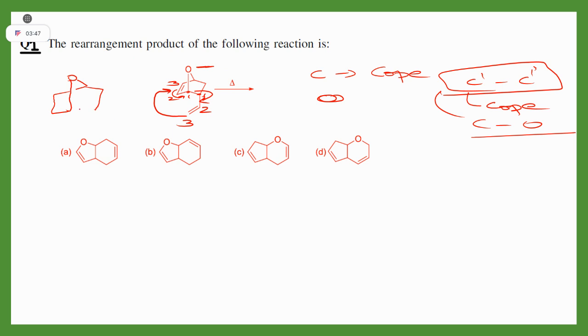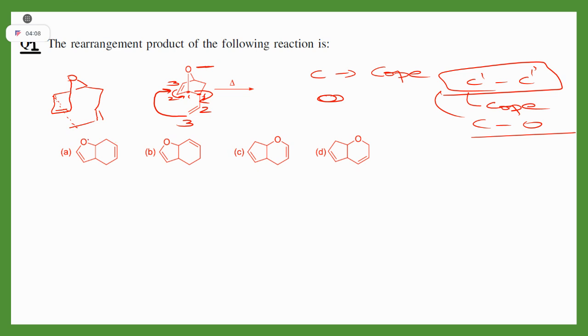Now we know this one bond has been broken, right? So just draw it this way, right? And one more bond has been formed, this one. At last, these are connected. Yes or no?